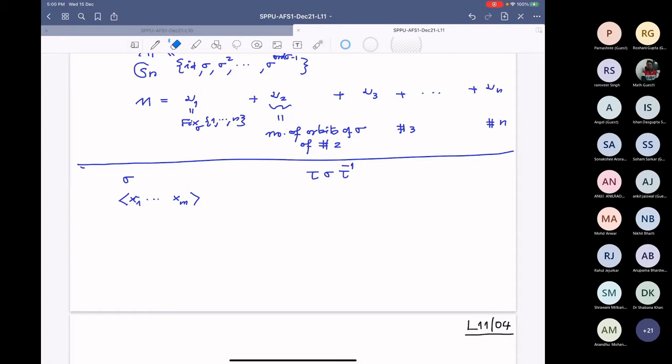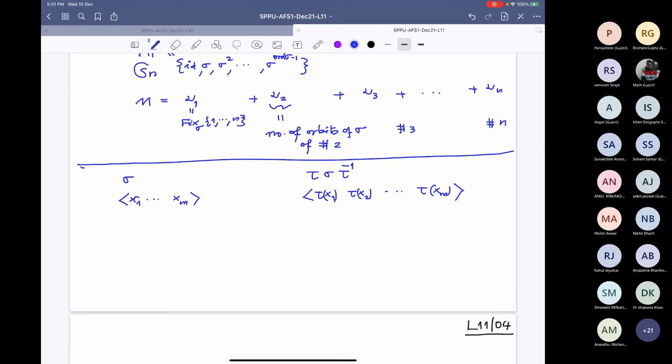And what happens when I apply tau? I told you last time, the cycle corresponding to this will be very easy. It is tau x1, tau x2, I should write brackets here, up to tau xn. This is the orbit. Now this is the cycle.